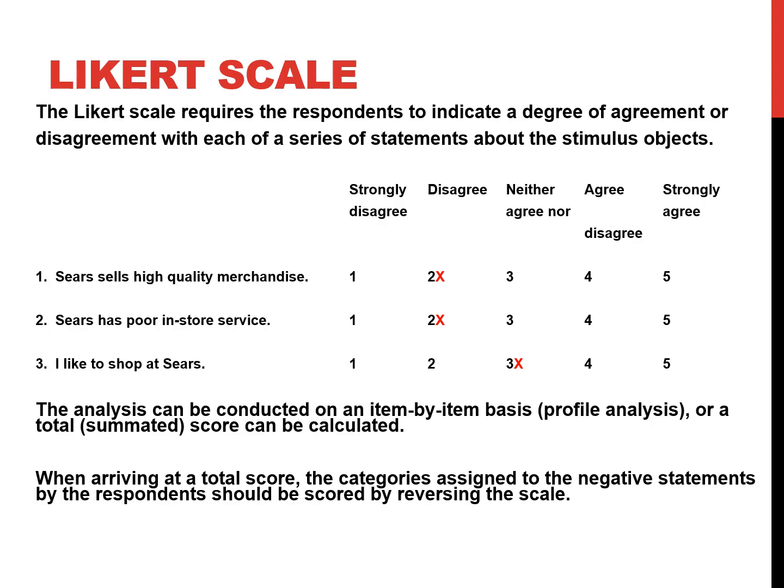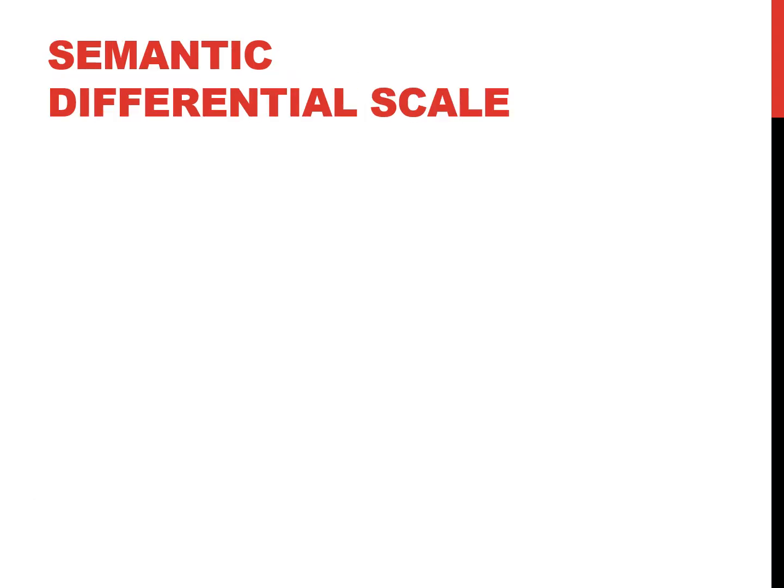Now importantly, and I think I did highlight it earlier on, you can see that strongly agree needs to be 5 and strongly disagree needs to be 1. That's just because of the way the computer codes it. So that's an important thing to think about when you're coding your Likert scales.